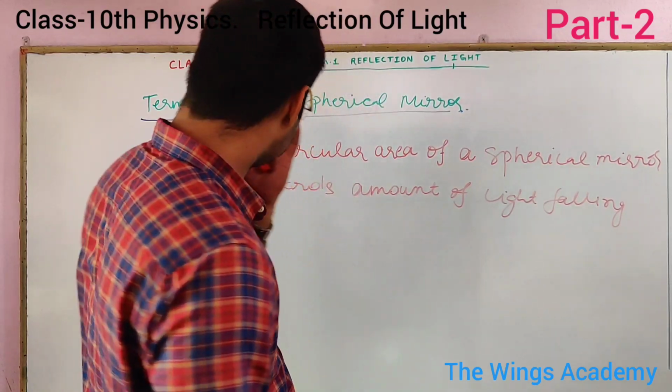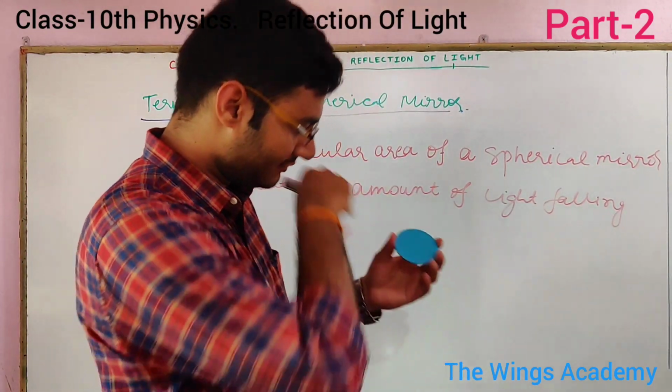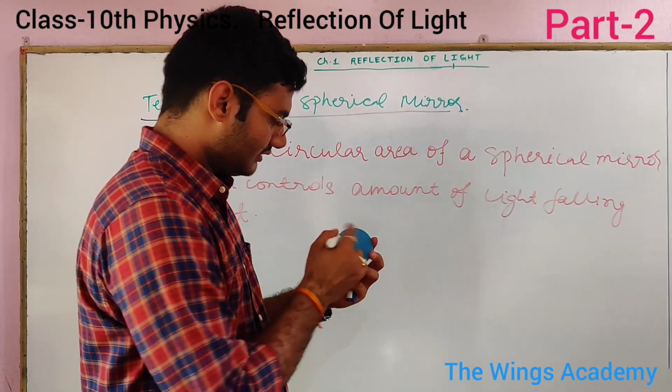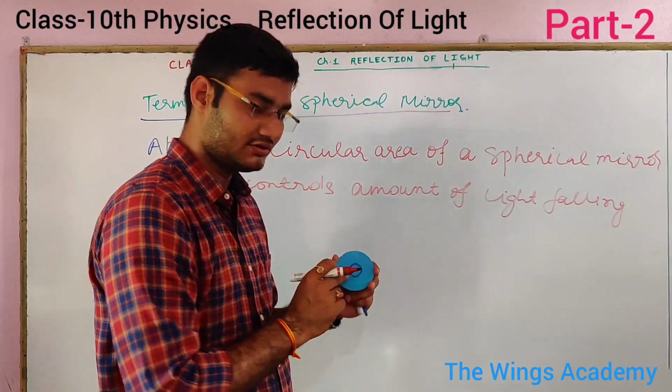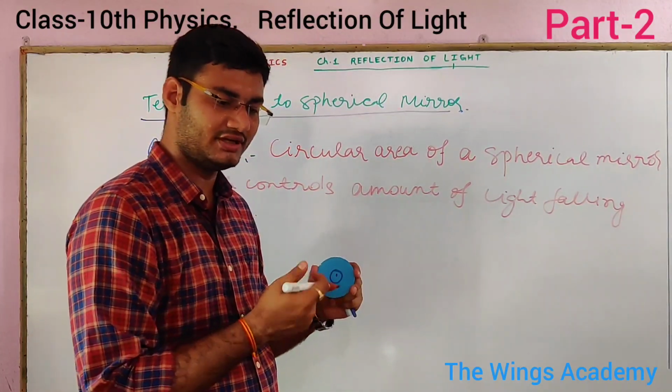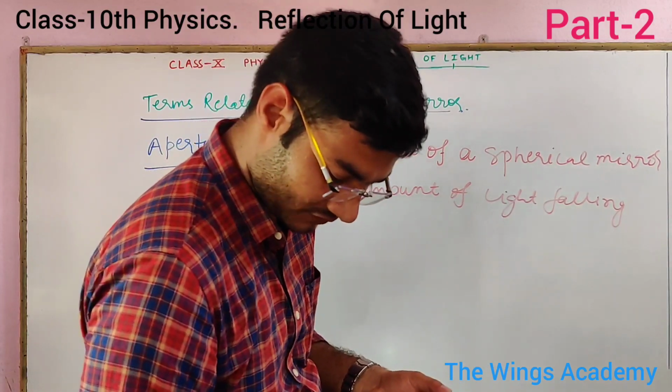Aperture means the larger the aperture, the larger is our mirror. So if this is the aperture of a different mirror, then this mirror will be small with respect to this mirror.